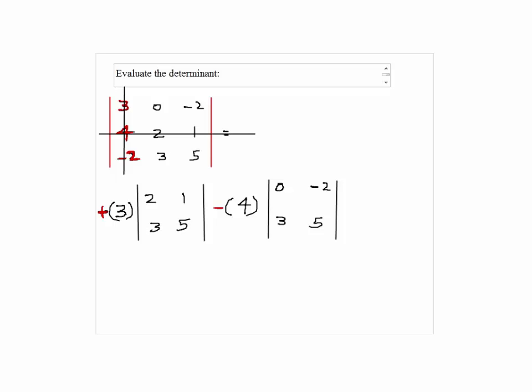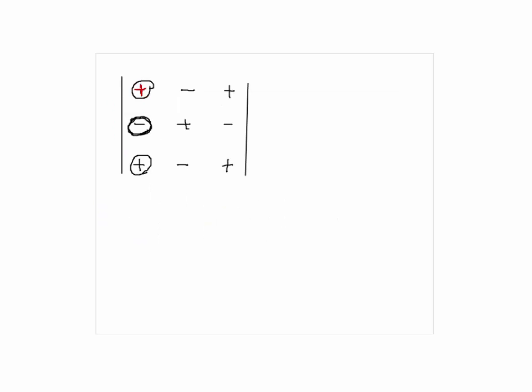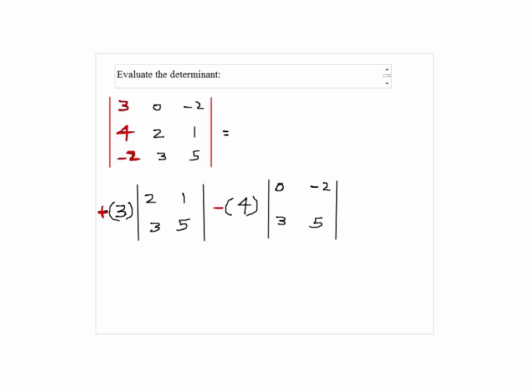Now if you all can follow this, again, can I see a checkbox next to your name? Alright, so the next element that we have to look at is -2. And remember, the sign for -2 is positive. So we go here and write down plus, being the sign of that term.